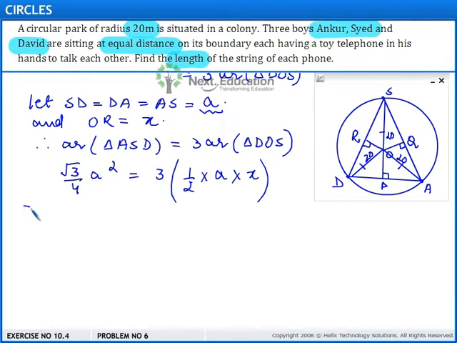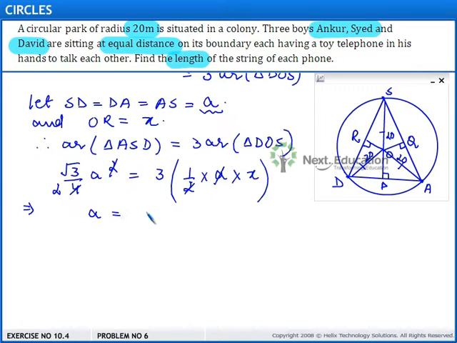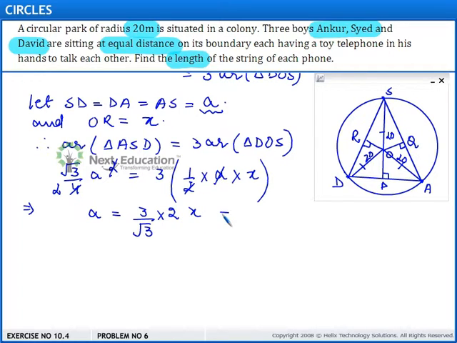This further implies that, cancelling a with a, 2 fours are 4, we have a is equal to 3 upon root 3 multiplied by 2 into x, which is equal to 2 root 3 x.